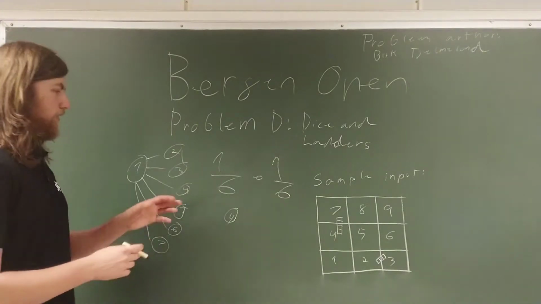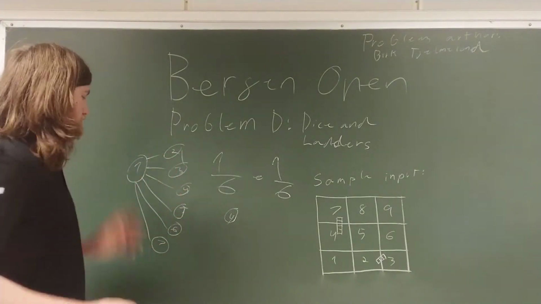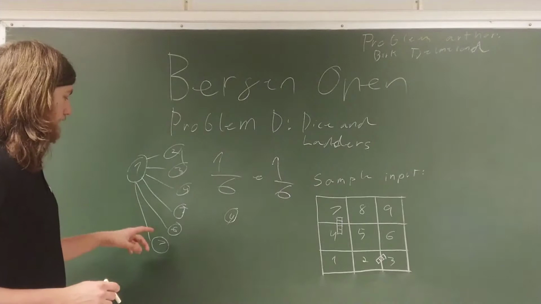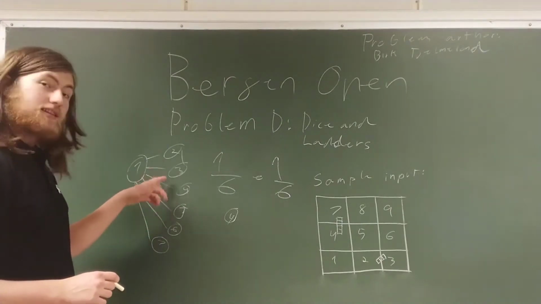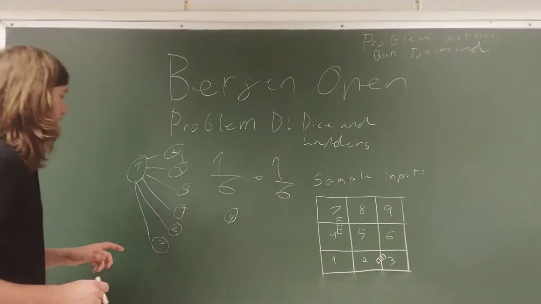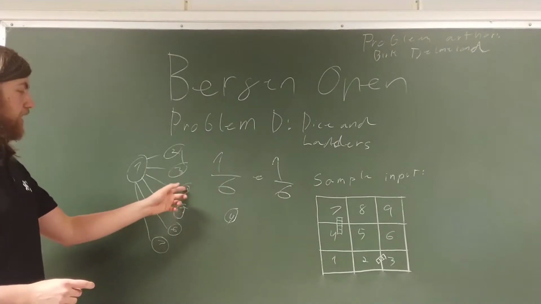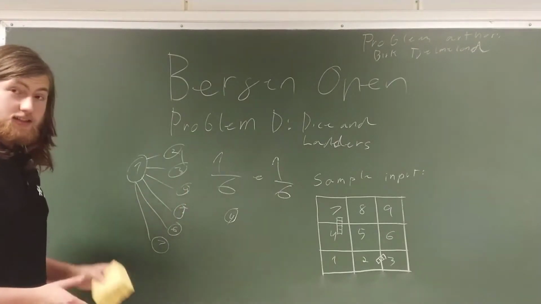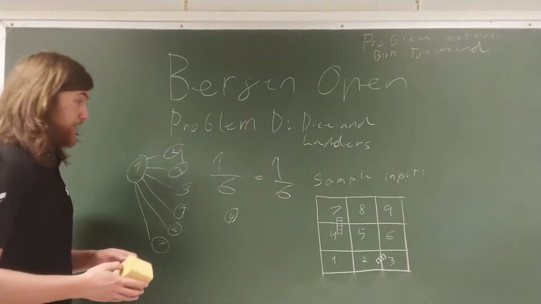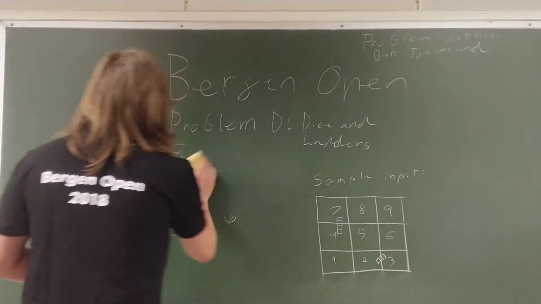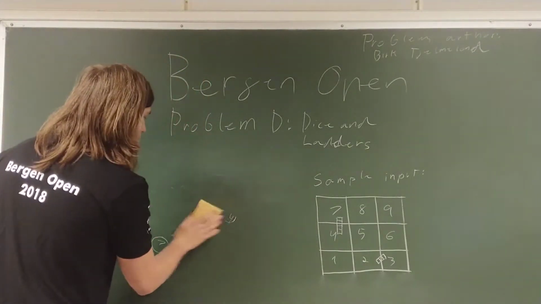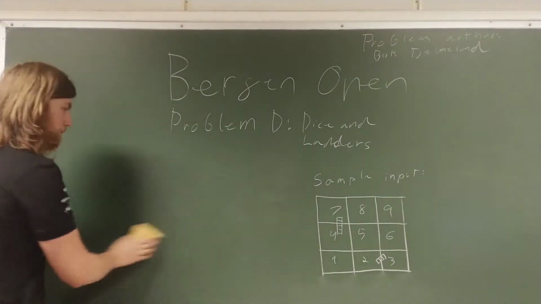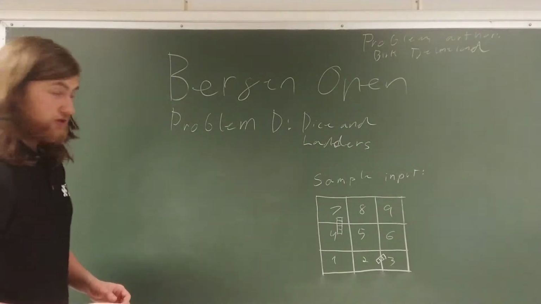So in fact, we can construct a large graph like this, and we can observe that this combination of the graph is actually the same as a matrix multiplication. So let's construct a matrix for the sample input, ignoring the ladders.